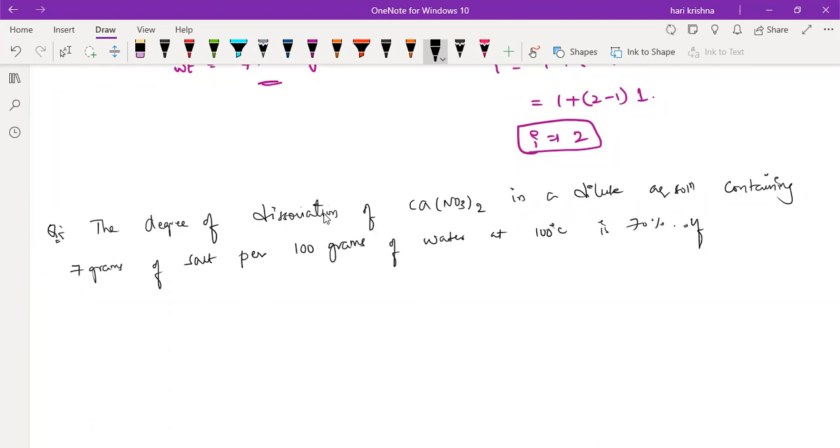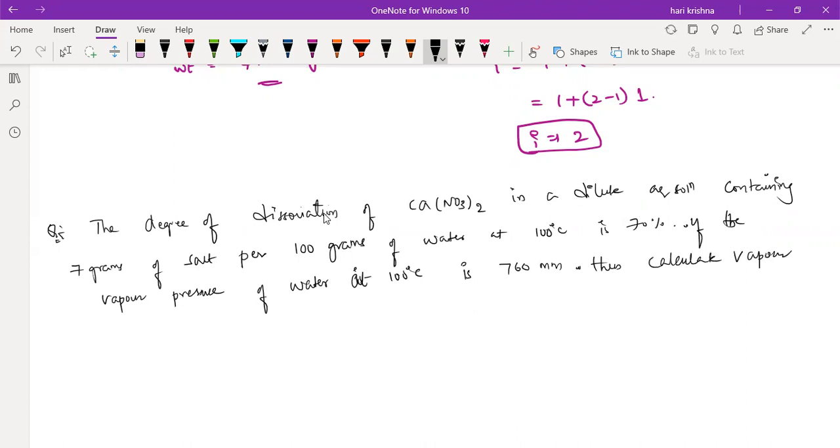If the vapor pressure of water at 100 degrees Celsius is 760 mm, then calculate the vapor pressure of solution.